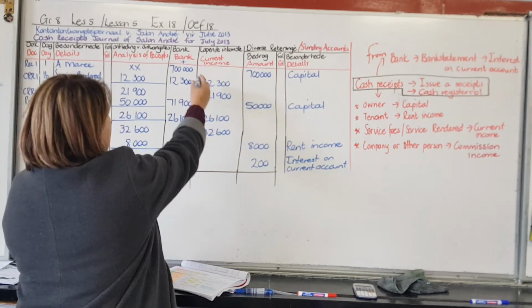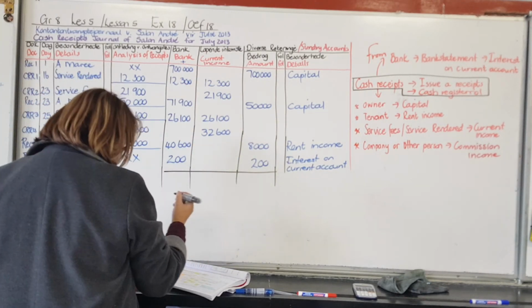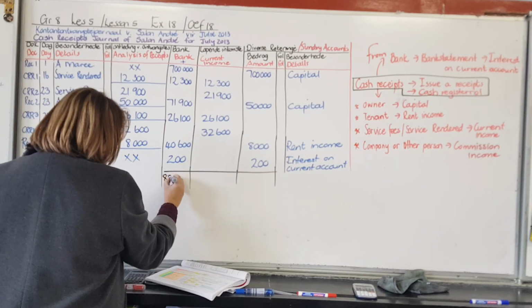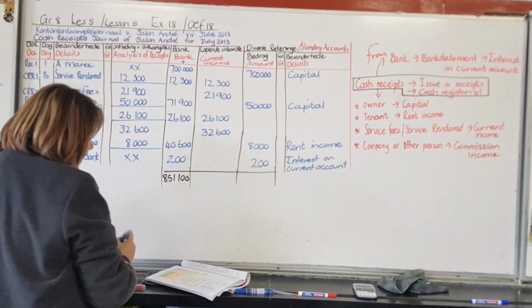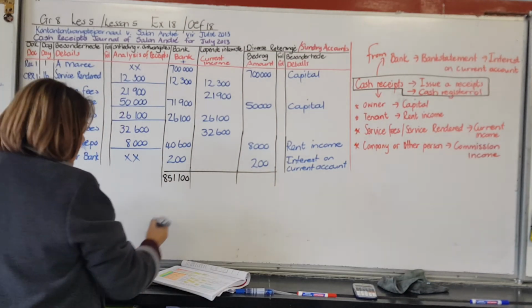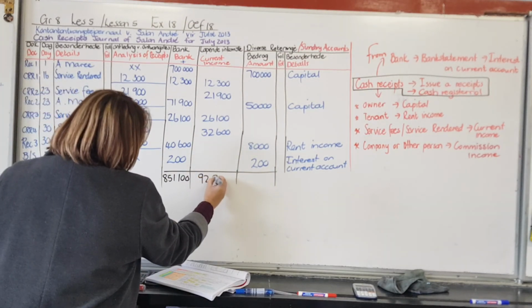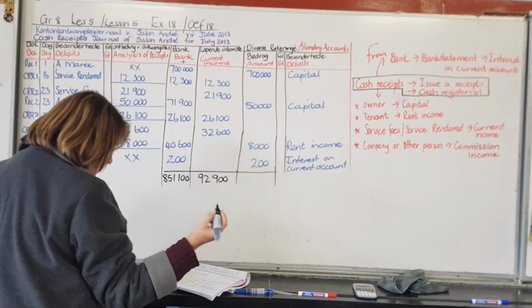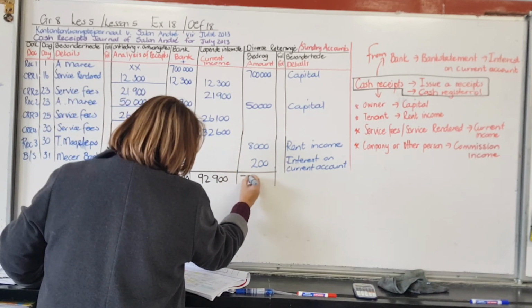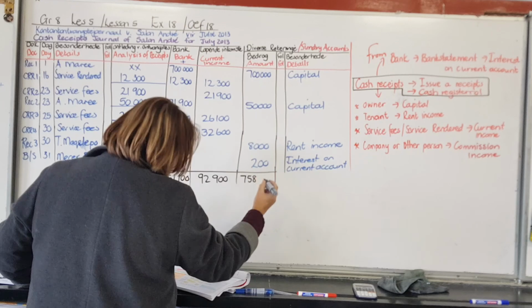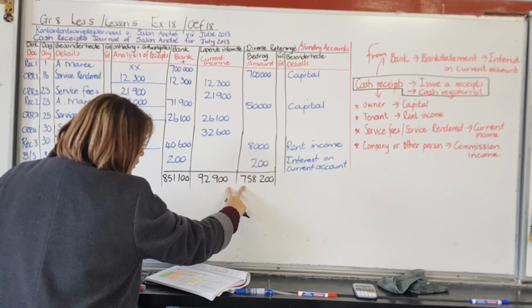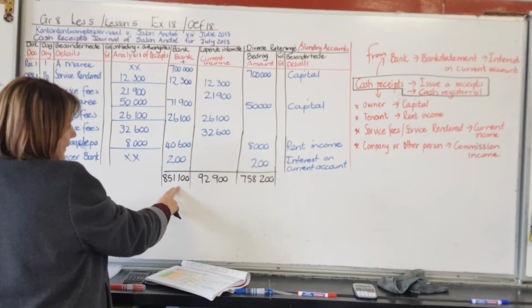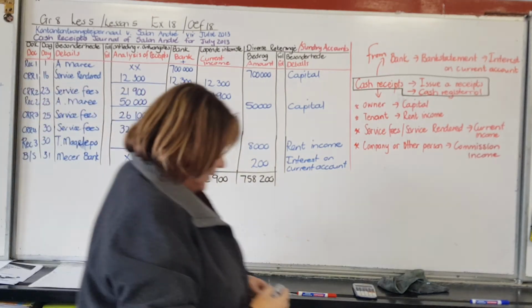So if you add your bank, I've already done that, so I'm just going to write it down and not waste time to add it for you. So it's 851,100, 92,900 and 758,200. And if you add these two, it should also give you your bank. All right. Thank you.